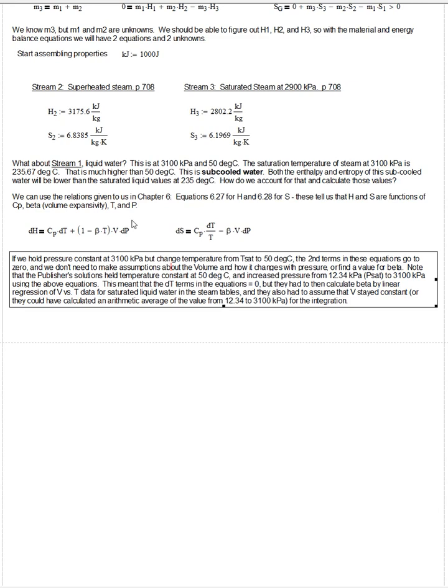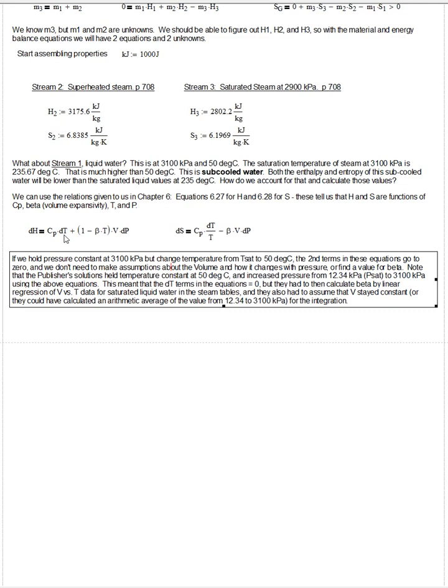If I keep the pressure constant, this dP term goes to 0. Also, this term over here goes to 0, right? And what am I left with? I'm left with dH is equal to Cp dT.